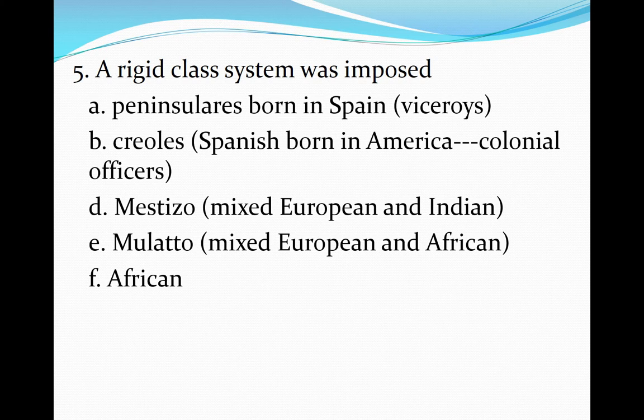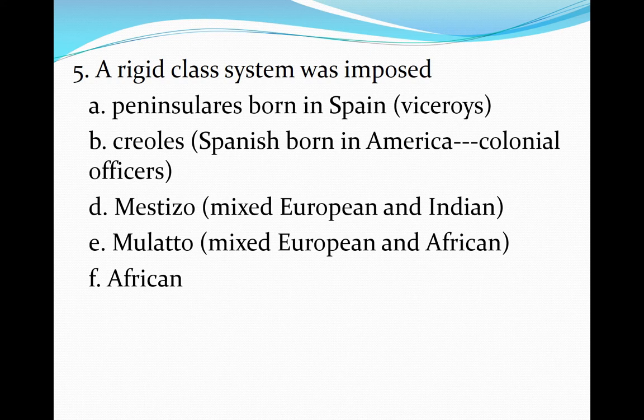Additionally, in Latin America, a very rigid class system is going to be developed and imposed on the people that are living there. This system is going to become known as the encomienda system. And at the top of this system, you're going to have what are known as the peninsulares, and they are born in Spain.